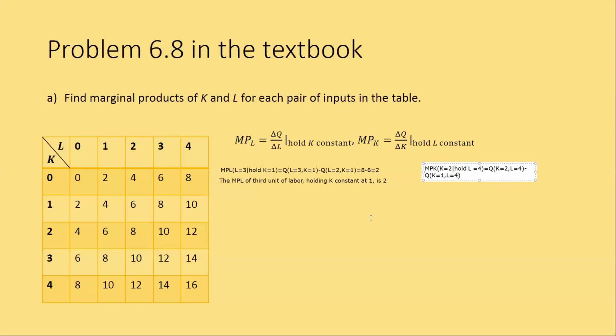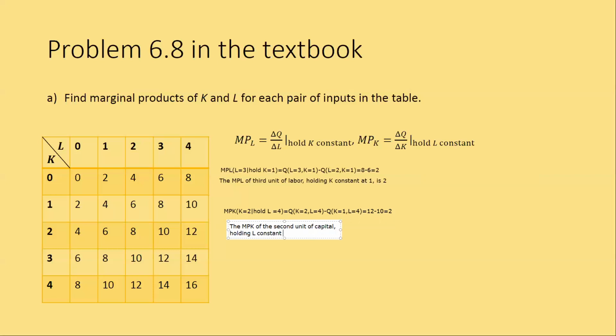Looking at our table, when K equals 2 and L equals 4, this is 12. And when K equals 1, L equals 4, this is 10. So this difference is also 2 units. What this is saying is that the MPK of the second unit of capital, holding L constant at 4, is 2, all right?